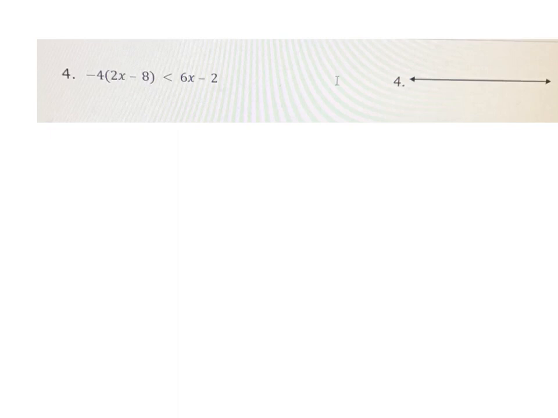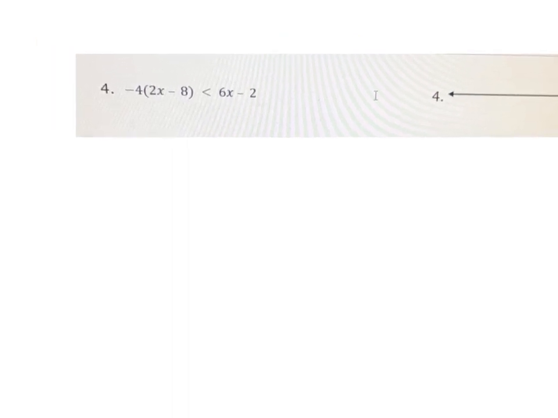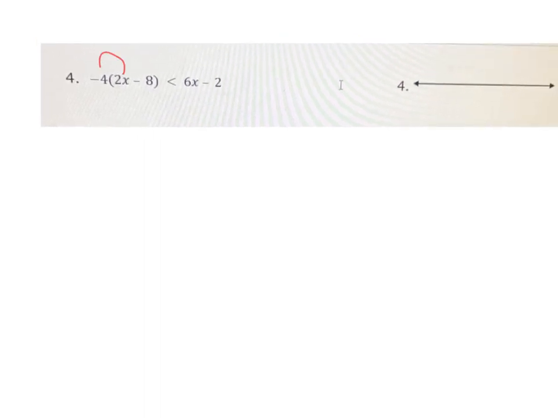Problem number 4. We have a distributive property, so we know we need to do that first. If I take -4 and multiply it by 2x, I get -8x. If I take -4 times -8, I get +32 is less than 6x minus 2.